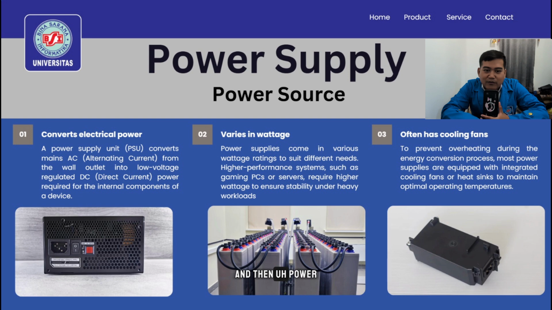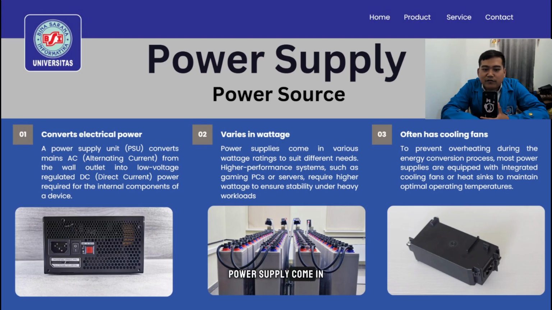And then power supply, power source. Converts electrical power, varies in wattage, often has cooling fans. A power supply unit converts mains AC, alternating current, from the wall outlet into low voltage regulated DC, or direct current, power required for the internal components of a device.